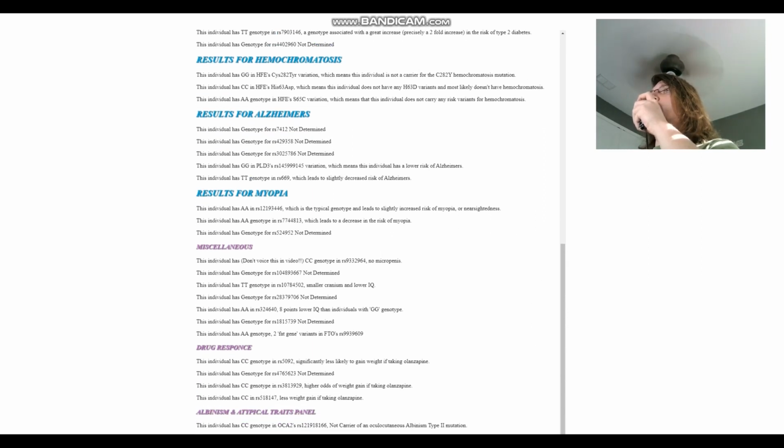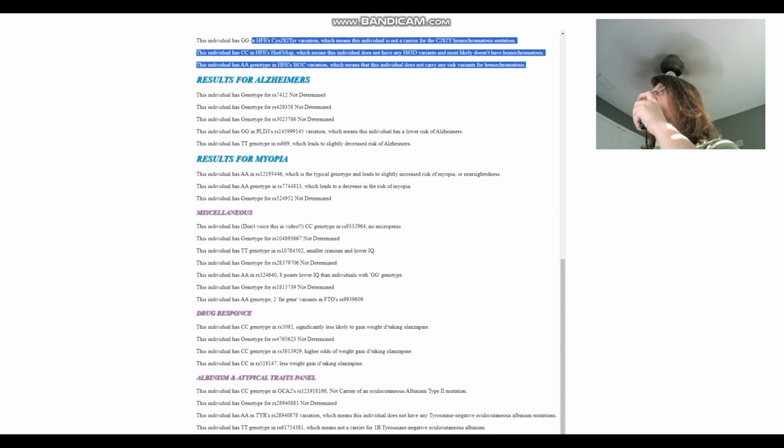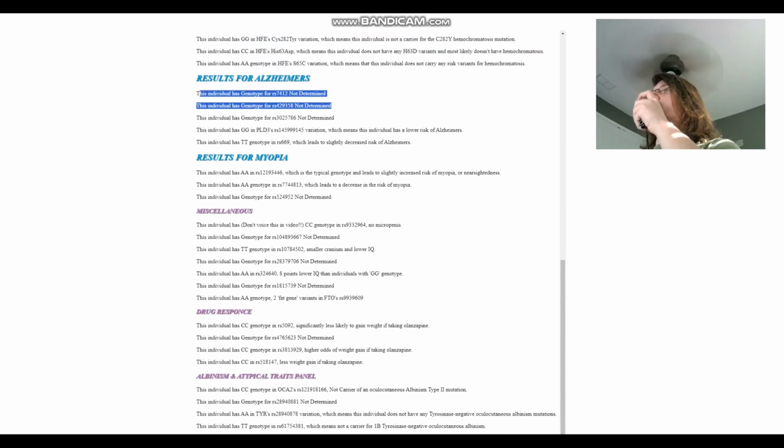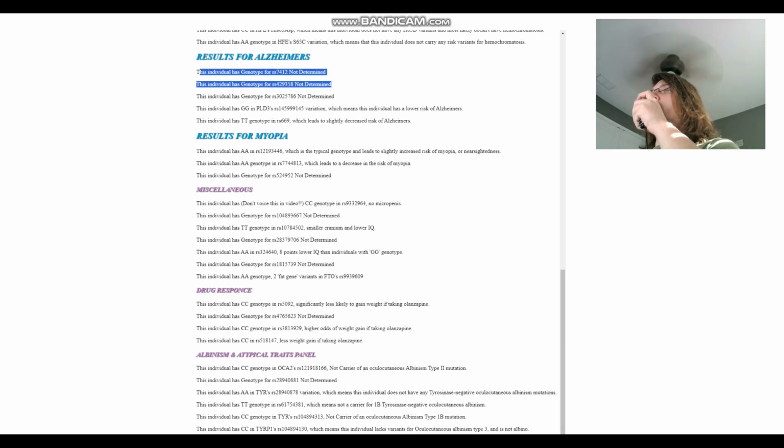For hemochromatosis, does not carry any of the hemochromatosis mutations. For Alzheimer's, these two are the most important ones, and she's not genotyped for anything here. Myopia, AA here, which is the typical genotype for most humans and leads to increased risk of myopia. But basically there is a G allele here, and the G allele is greatly reducing the risk of myopia for some humans.